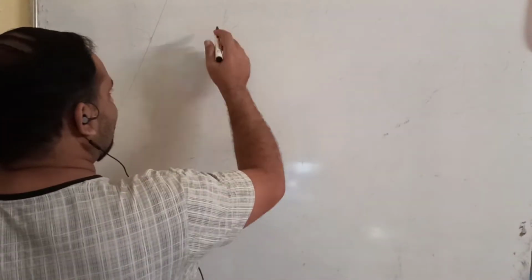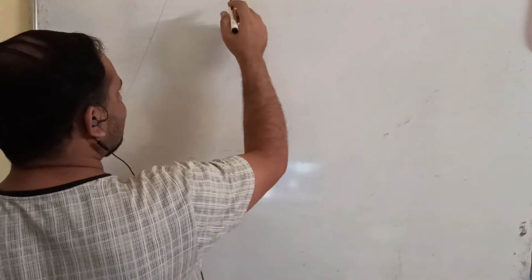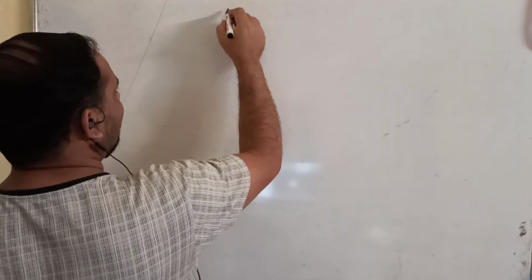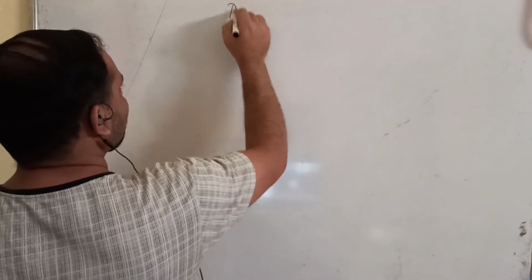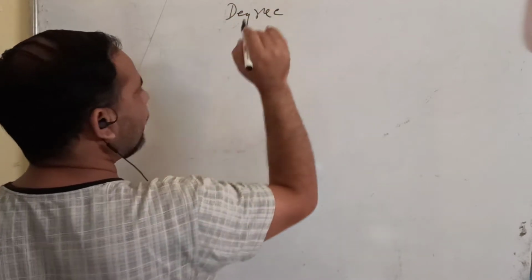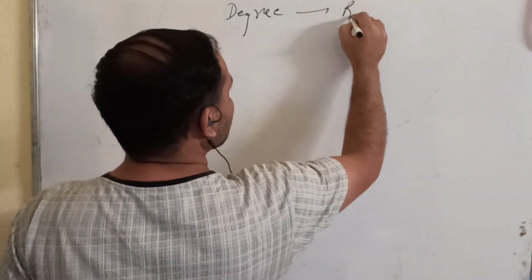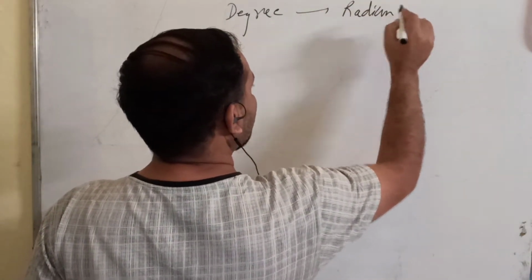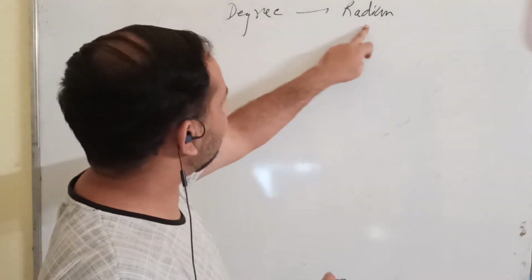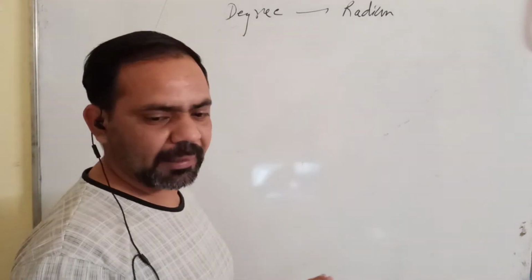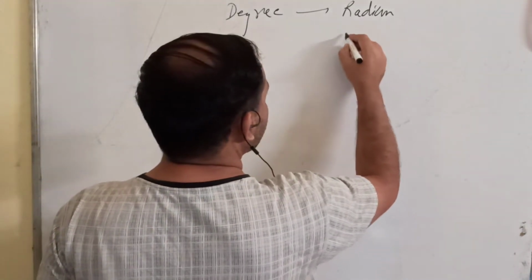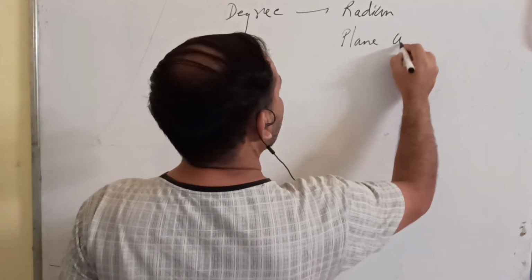So till now we are knowing the angles in degree measure. We had the degree angles, and now it will be changed to radian. Radian is the SI unit of this plane angle. They both are the units of plane angle.